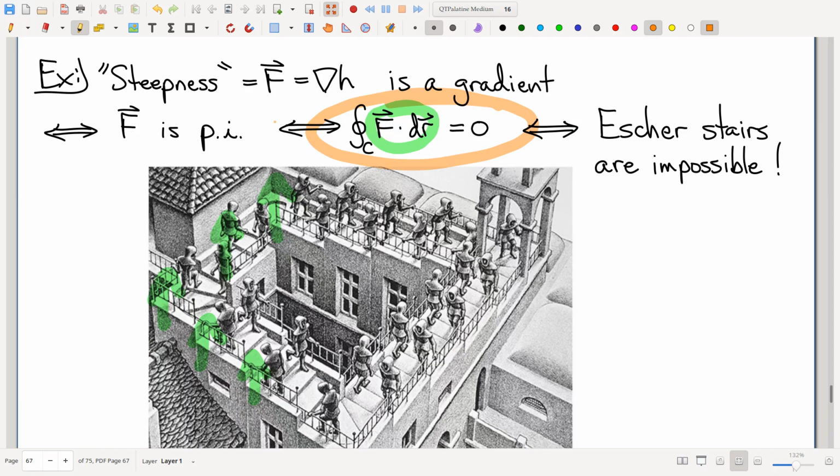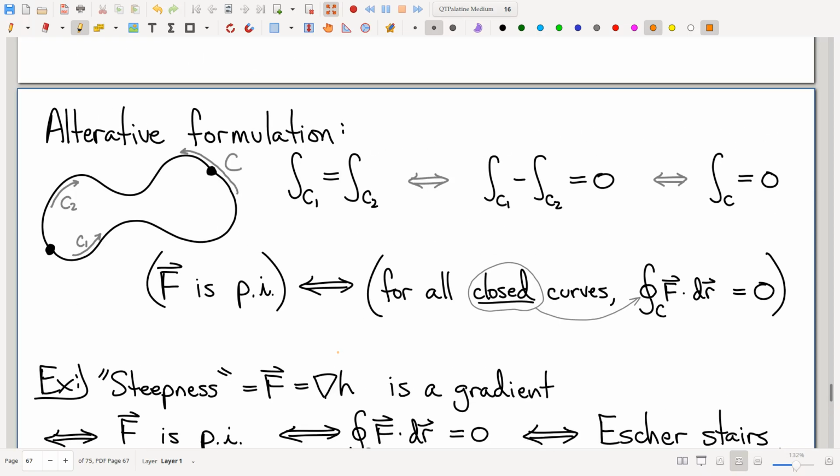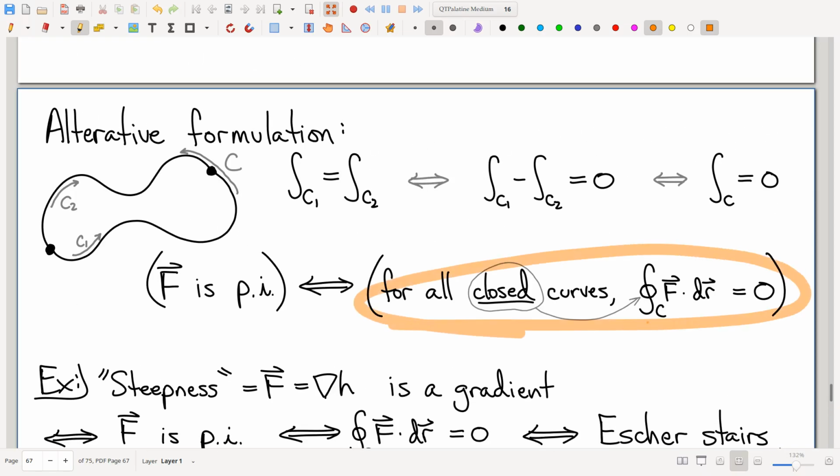And of course, that is obvious nonsense. Right? So it's a nice little take. If you want to think about path independence in the context of this Escher art, then this circulation point of view is more convenient than saying that the green integral is equal to the blue integral. It's just more convenient to have this circulation point of view.